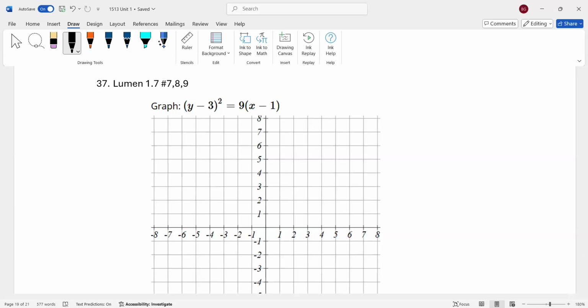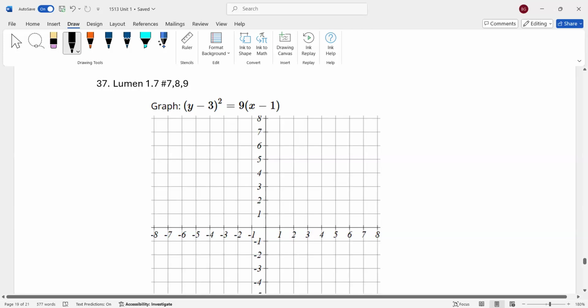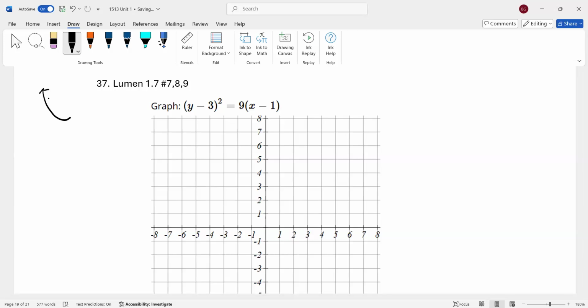When you see a parabola, we talk about 4 types of parabola. We only talk about a parabola that opens up and a parabola that opens down, and those 2 types are called vertical parabolas.